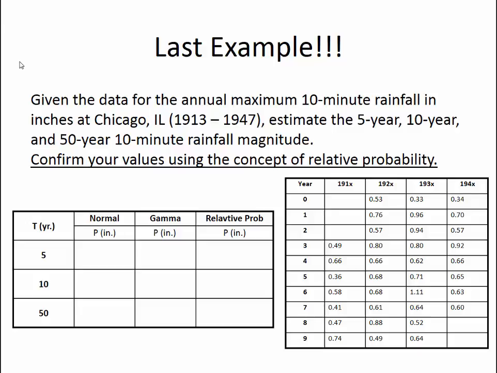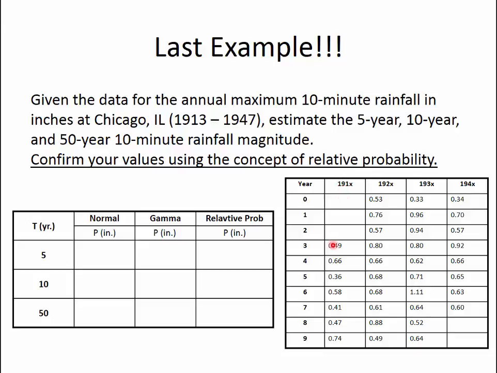So we're given some data, which is the annual maximum 10-minute rainfall in inches at Chicago. What that means is we found, for any given year, what the maximum amount of rainfall that occurred in 10 minutes was. Let's say if we look here, it's a 19, it's a funny way that these things are set up.